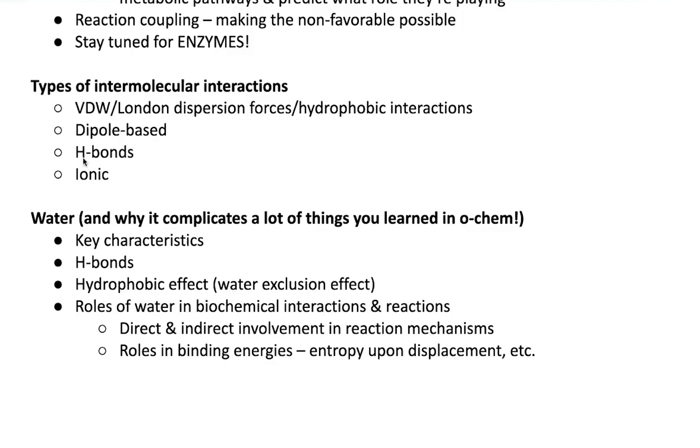With a hydrogen bond, you also have specific angles that make them stronger. With ionic bonds, you have full charges, so these are stronger still. You'll want to be able to recognize what functional groups can participate in what type of bonds, and where you might see these.